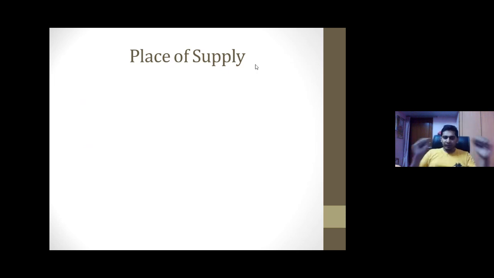So a very simple thing you need to keep in mind is that place of supply rules are made to ensure that the tax goes to the government where the goods or services are consumed or destined. The destination of the goods or services is relevant because there the government should get the tax.